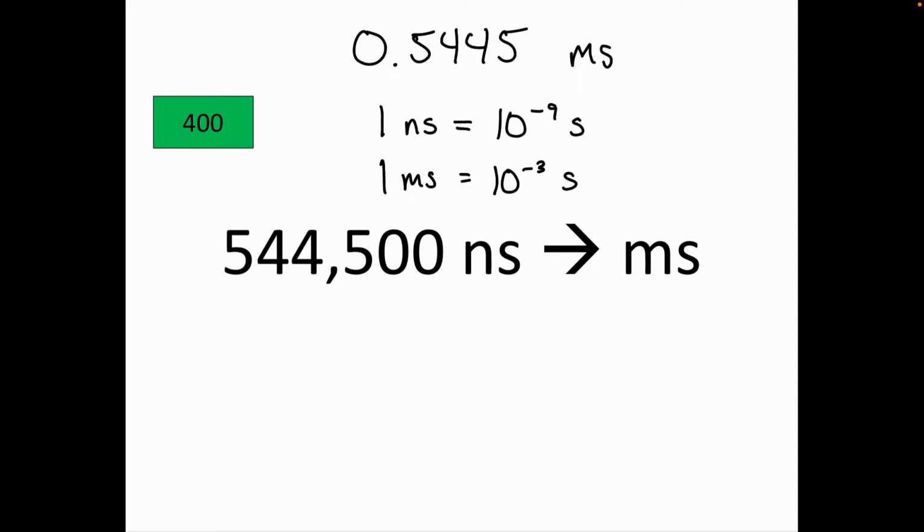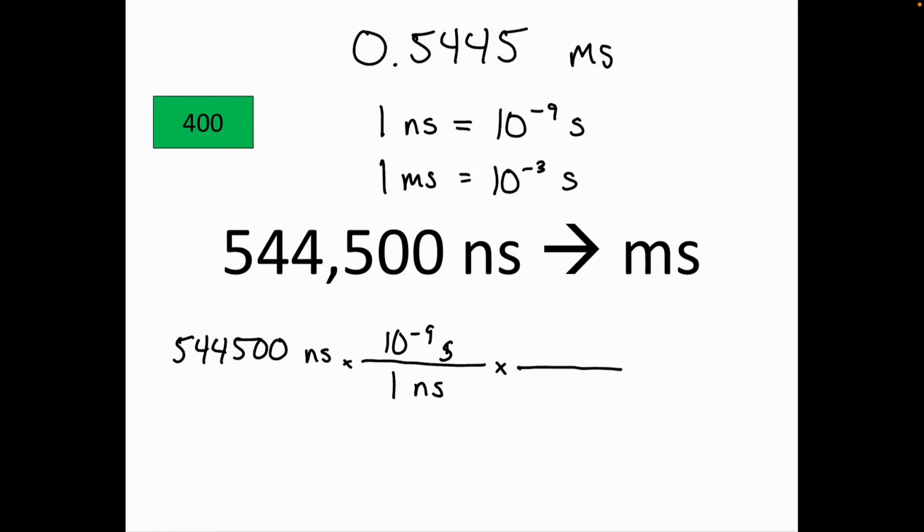So when we set it up, we start with 5,445,000 nanoseconds. We're then going to need to divide by nanoseconds, put that on the bottom, so we're multiplying by 10 to the negative 9. If I stopped there, I'd have converted to seconds, but it wants me to go to milliseconds, so I have to do another one, where 10 to the negative 3 seconds is 1 millisecond.